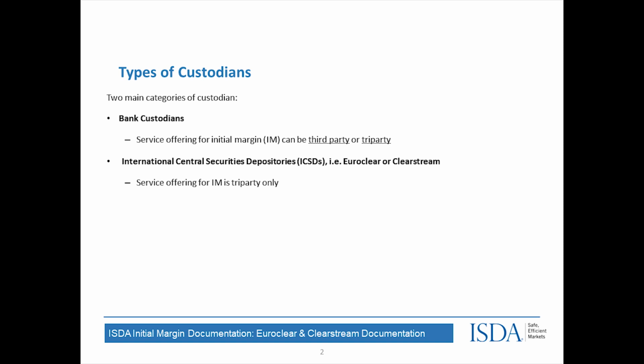But in addition to that sort of fundamental function, these houses also have an important role as a custodian in this context, which is to say that participants transfer their securities to pledged accounts in Euroclear or Clearstream as applicable in order to grant security over them to satisfy their UMR obligations. And the final introductory remark actually I would make is that both Euroclear and Clearstream are tri-party agents, so not third-party. So they will, as I said before, automatically value the collateral and they will allocate the securities back and forth.